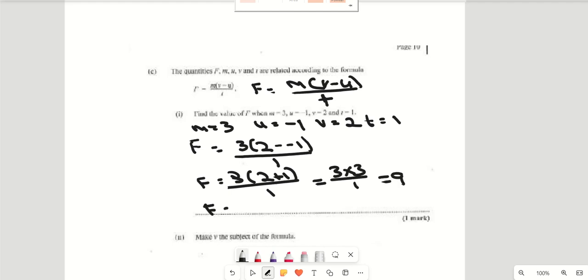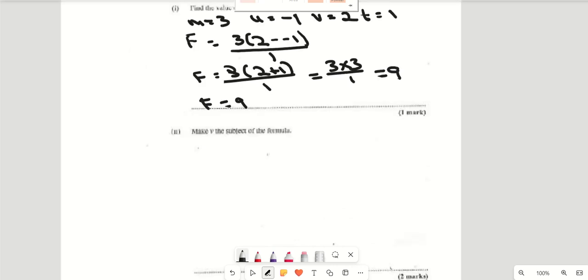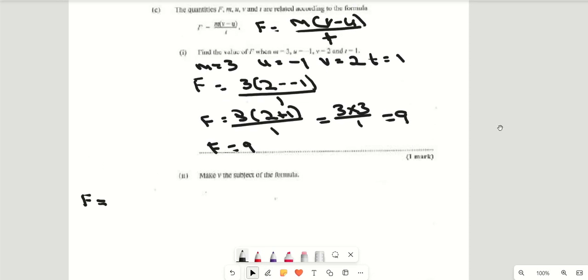So F is equal to 9. The last question says make V the subject. Now we know that the formula is F is equal to M open bracket V minus U close bracket all over T.